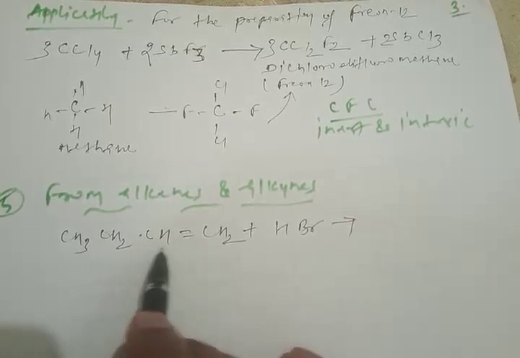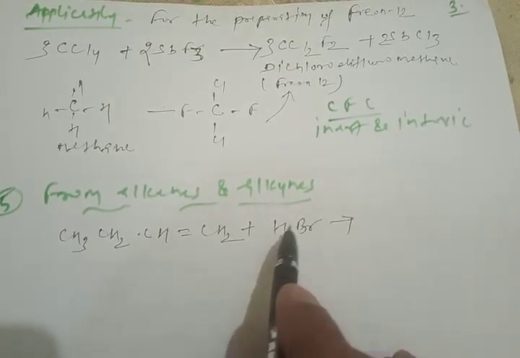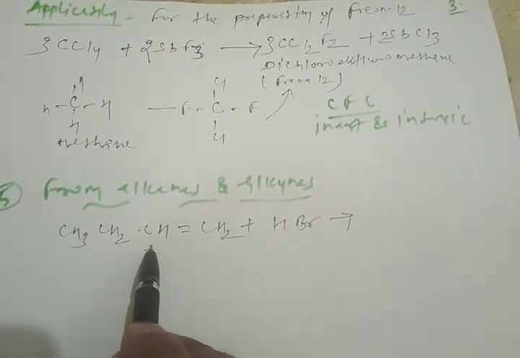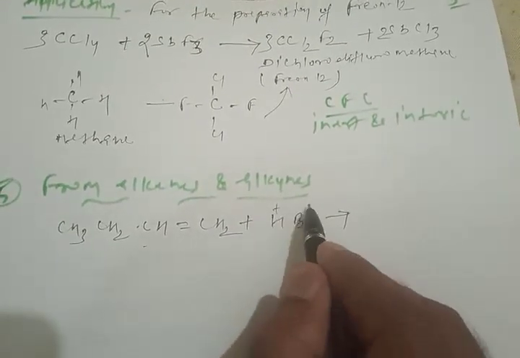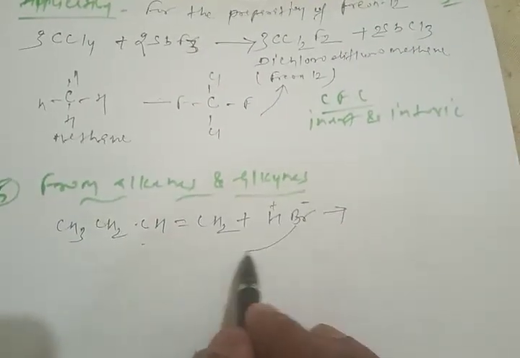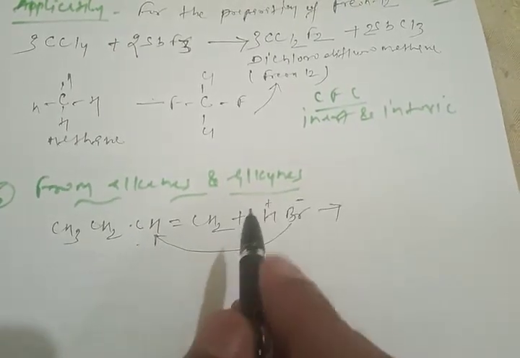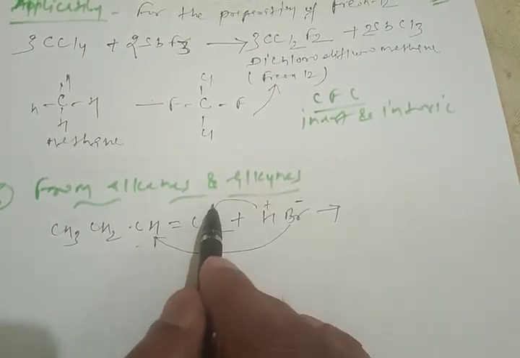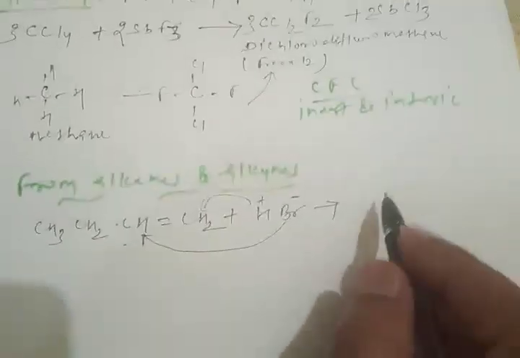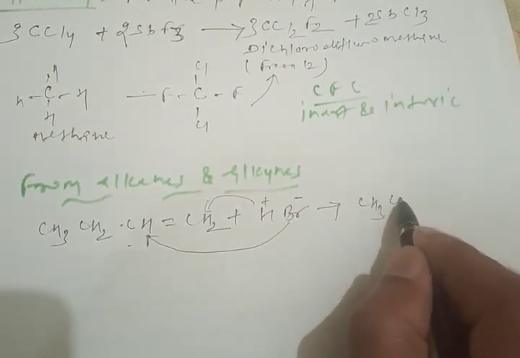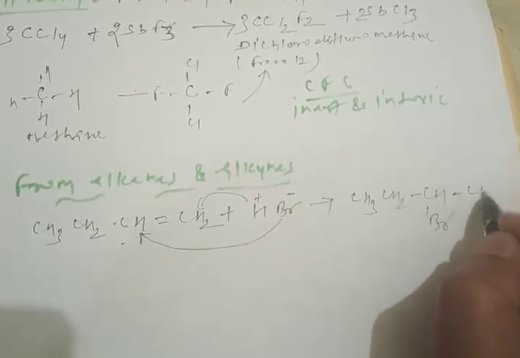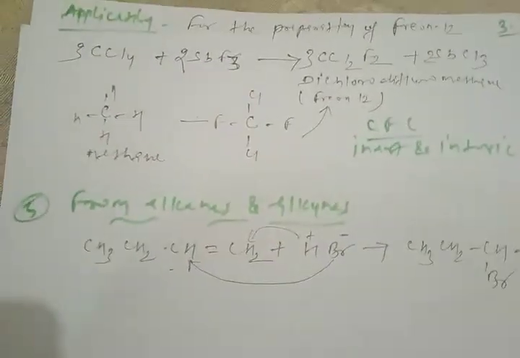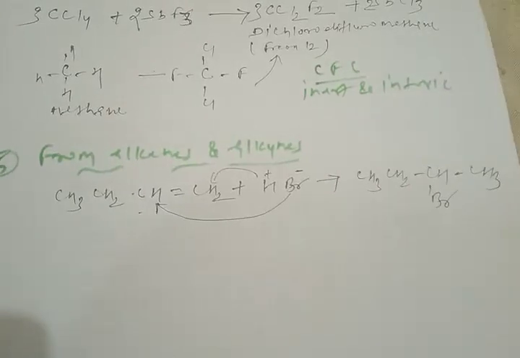So the negative part will go to that side of carbon which has the least number of hydrogen. So this is the plus sign and this is the minus. So minus will go to that side because it has the least number of hydrogen, and plus will go to this side. Okay, so CH3CH2CHBrCH3. This is the preparation of alkyl halide.